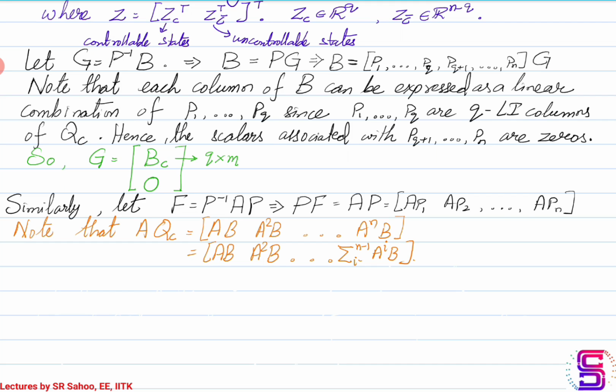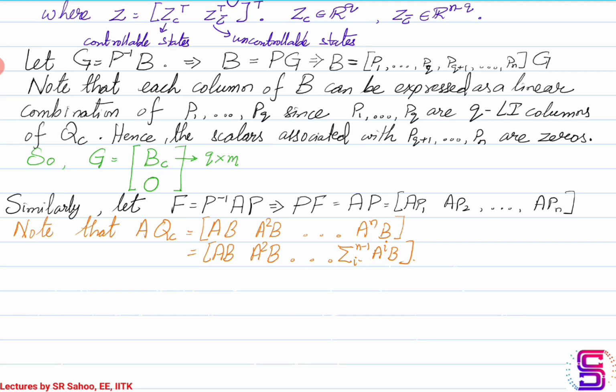which means what? Since the columns of QC can be expressed as a linear combination of P1 till Pq, the columns of AQC can also be expressed as a linear combination of P1 till Pq. This essentially indicates that when A acts on P1, it results in a vector which can be expressed only as a linear combination of P1 till Pq, whereas the components associated with Pq plus 1 till Pn would be 0.